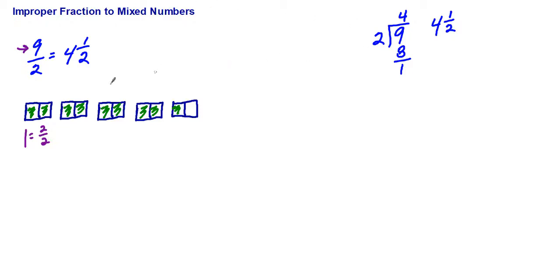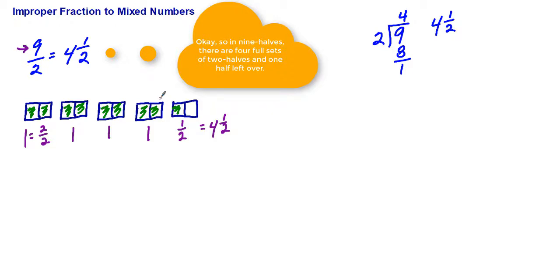So let's see if that matches our 4 and a half. We had 1 here, 1 more here, 1 more here, 1 more here, and a half. We can count them out: 1, 2, 3, 4, and a half. So there's a method for seeing why 9 halves equals 4 and a half.